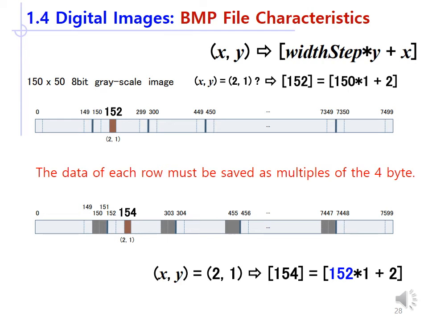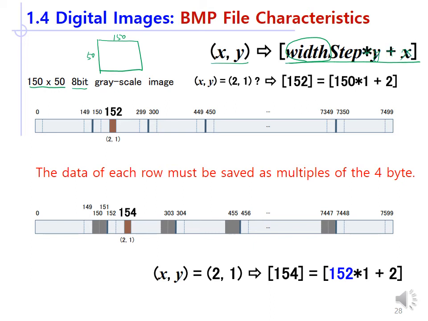When we consider a 150 by 50 image with 8-bit grayscale, there are 150 columns and 50 rows. If there is an x, y, we can make this two-dimensional array into a one-dimensional array using this equation: width times y plus x.